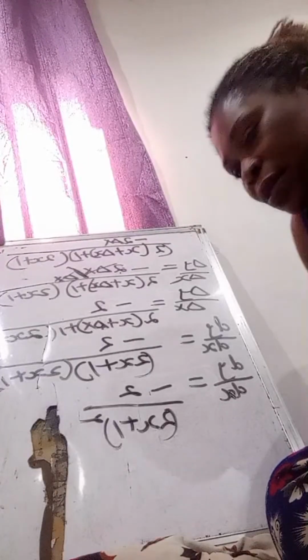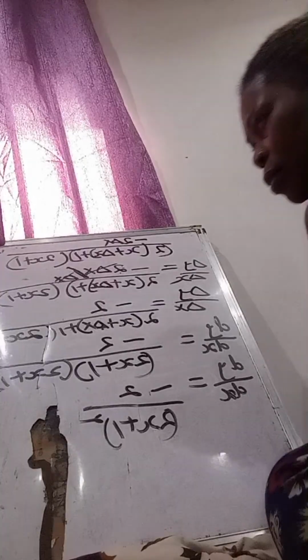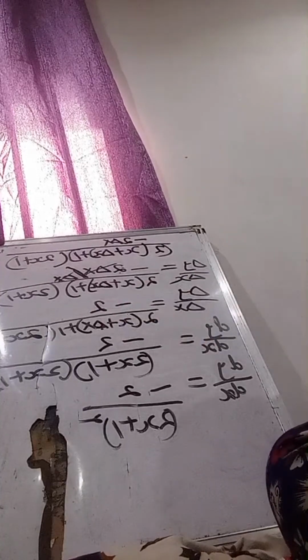This is where you divided minus change in x by change in x. Why did you not cancel change in x? It doesn't affect the denominator.